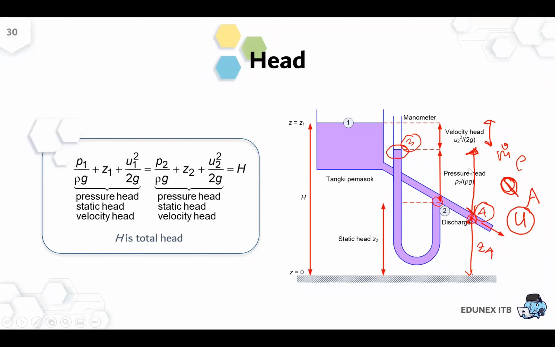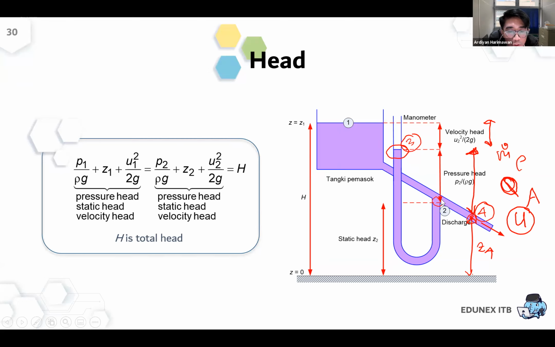Yes, sir. Okay, because this line represents the static head, and this line represents the pressure head, while the total will be this length. Because this is the static head, this is the pressure head. By the definition, you can understand why this height difference represents the pressure head of point 2.